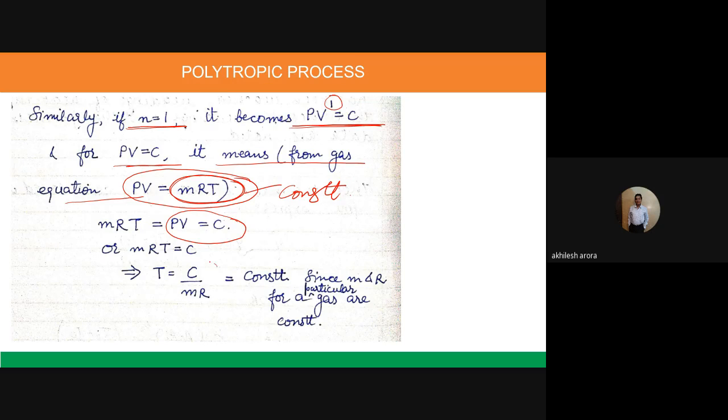So you can see it here, this T is equal to C upon mR. mR is constant, so this value is constant for a particular gas. So basically when n is equal to 1, it is a constant temperature process or isothermal process.